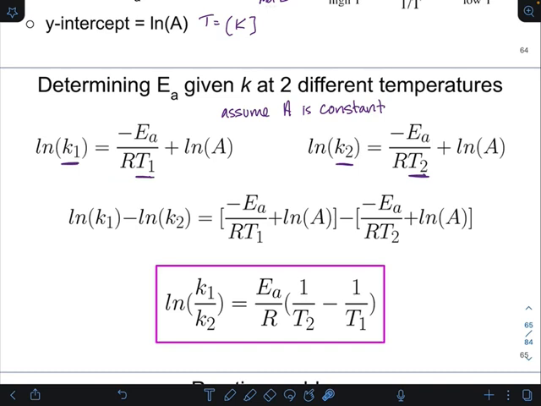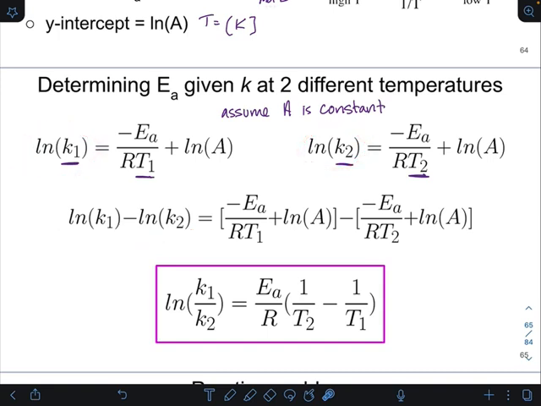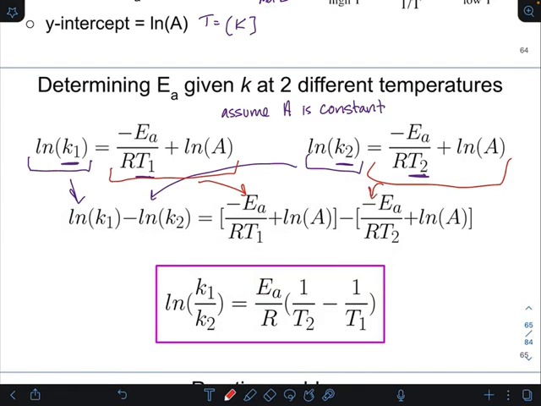So on the left-hand side, we're going to have ln K1 minus ln K2. And then on the right-hand side, we're going to have negative EA over RT1 plus ln A minus negative EA over RT2 plus ln A. So these 2 go here. And then these 2 go here.